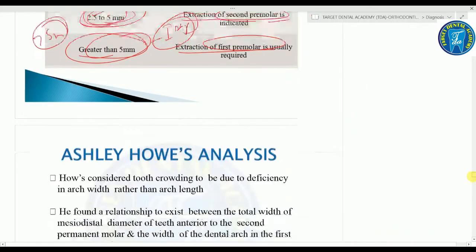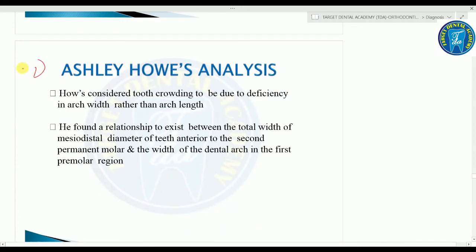Fine. Now the second model analysis is the Ashley-Howe analysis. This is basically used to determine the arch width. The Carey's analysis is for the arch length, and this is for the arch width. So this is how tooth crowding is considered to be.